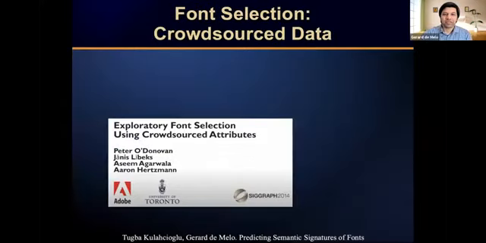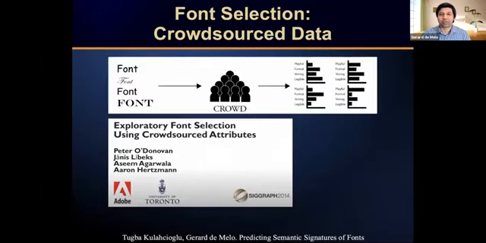So there's been some work on this, and of course, a lot of it has been done at Adobe and other companies. One study we relied on was co-authored by Aaron Hertzmann, who was speaking earlier today. What they did was collect a bunch of data about fonts using crowdsourcing.